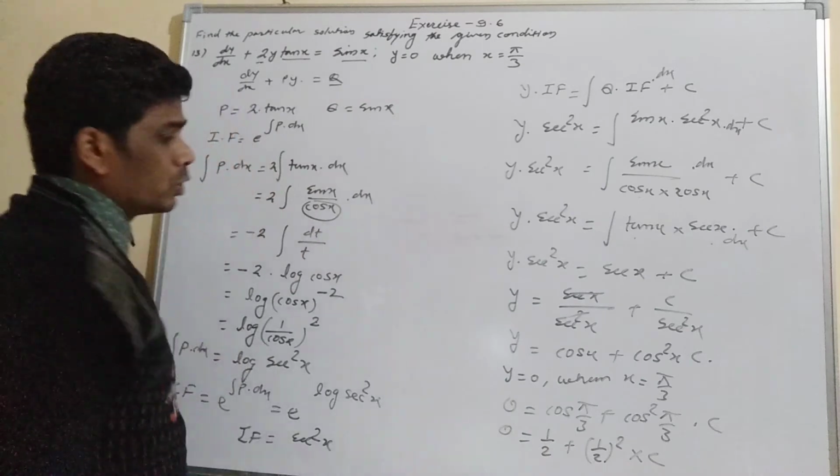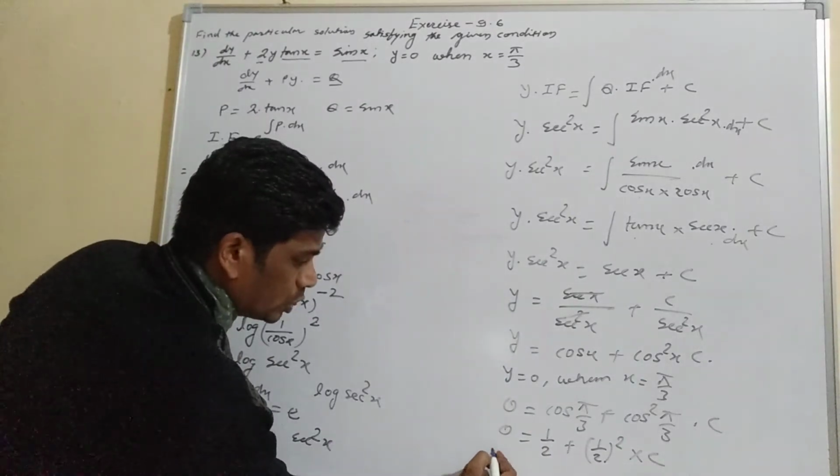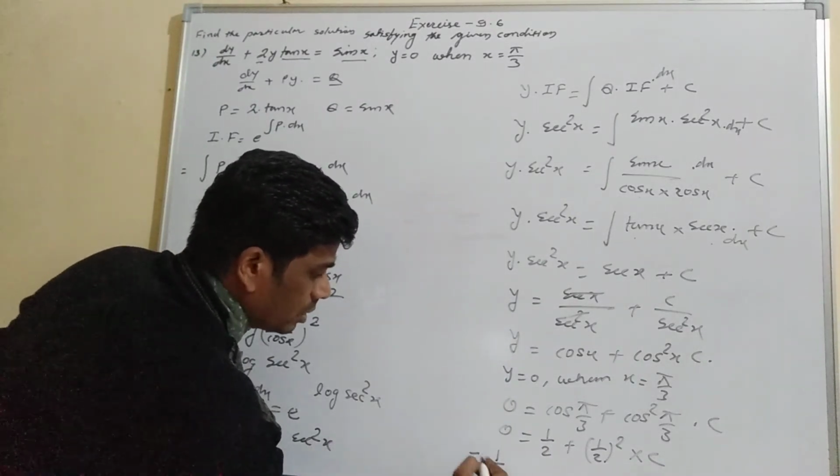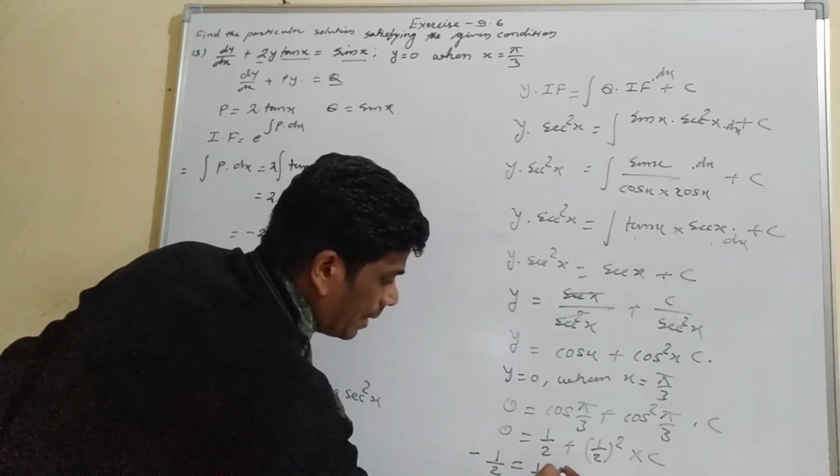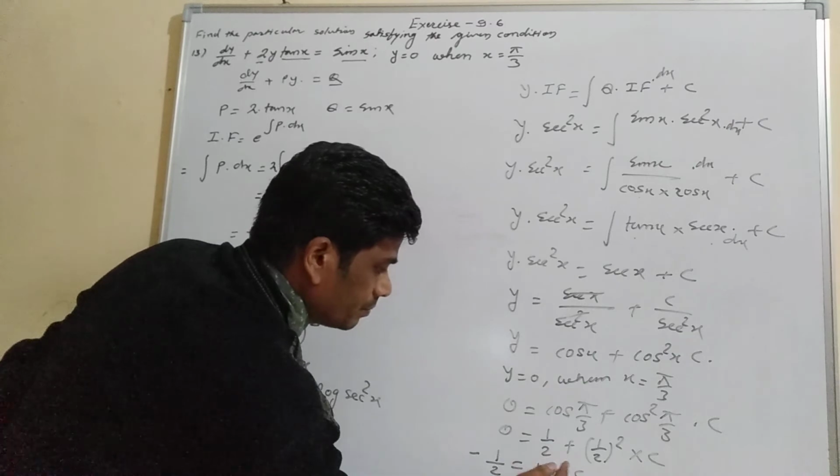This 1/2 will shift to the other side, so it will be minus 1/2 equals 1/4 into c.